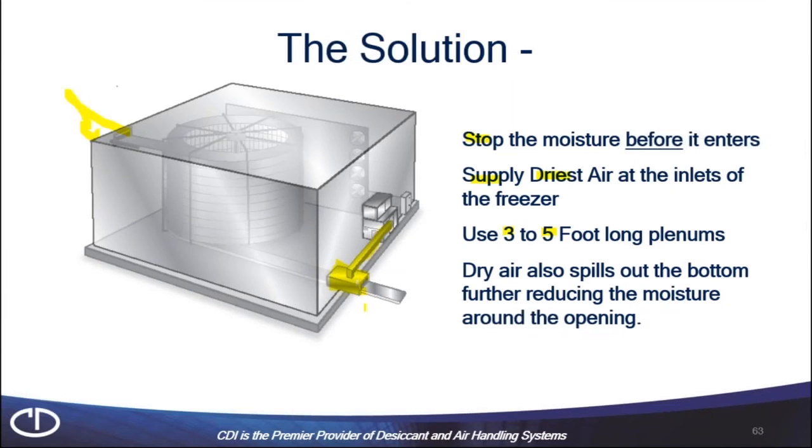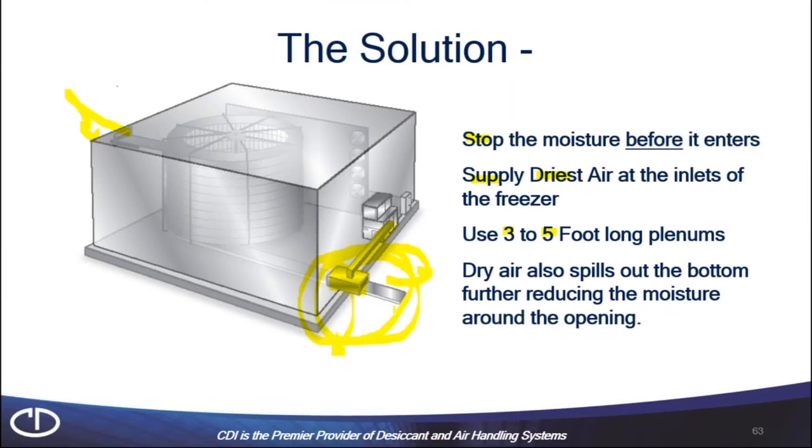As that driest air is right there at the opening without a bottom on this plenum, that air spills out, if you will, around this area. So we end up with a dry air zone right around that opening, with the driest part being right at the entrance of the freezer where we want it.